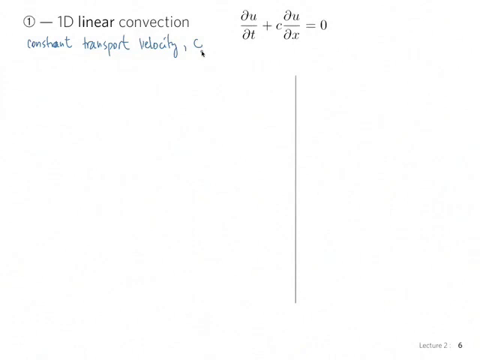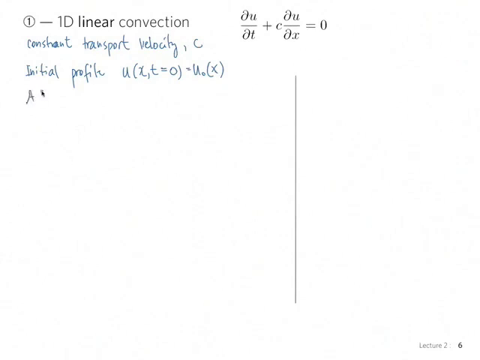So the physical behavior of this equation is that any arbitrary initial profile, u0, no, let me write it, u of x at time equals 0, which now I'm going to just call u0 of x, simply gets transported with velocity c.